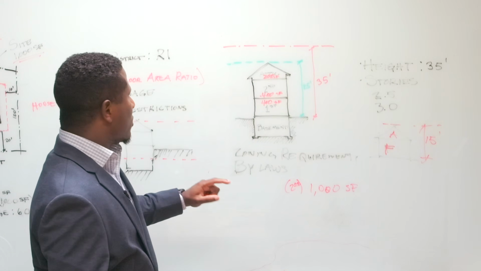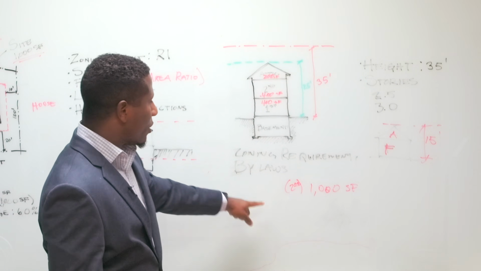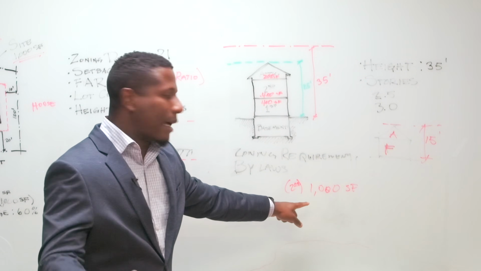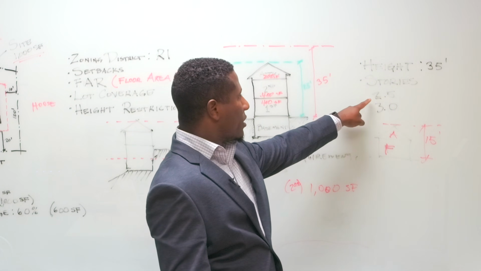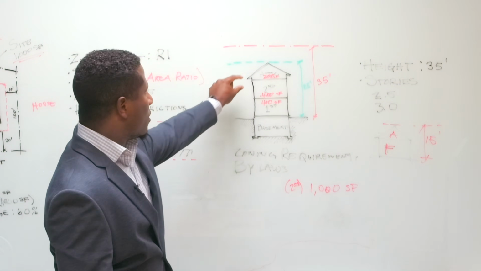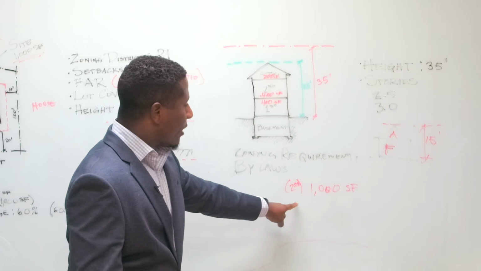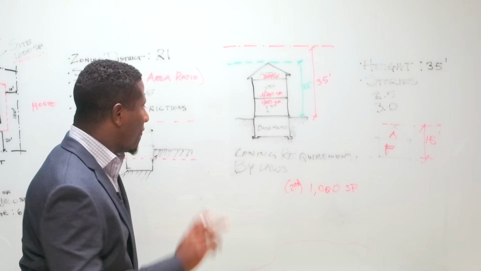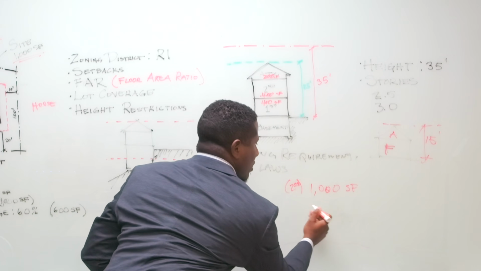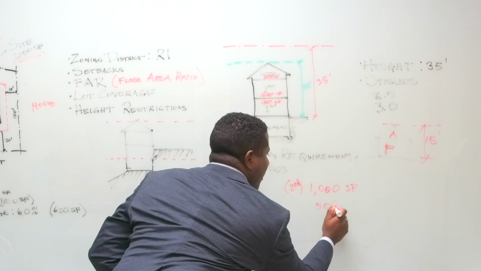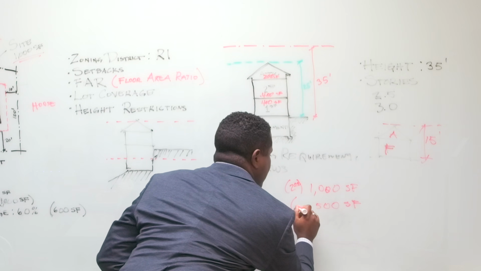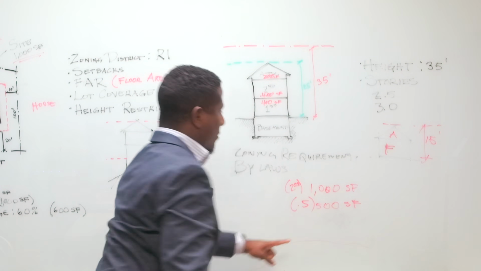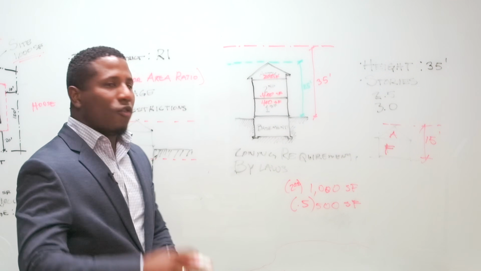But going back to it, if you are on the second floor and your second floor is, let's say, 1,000 square feet, and your requirement is that the max is 2.5 stories, that means in the attic space you can only finish 500 square feet, which is 0.5 stories. So that's what that means.